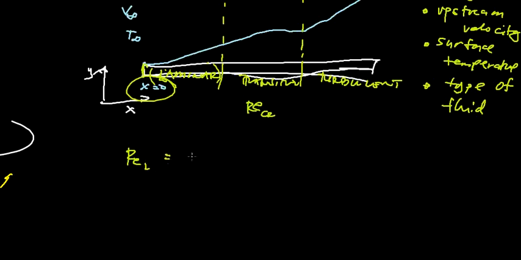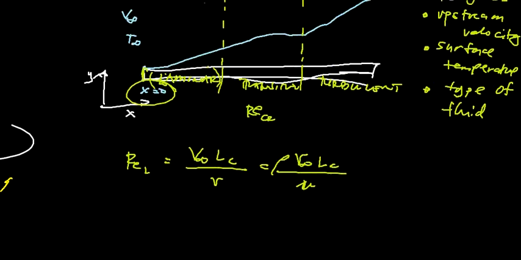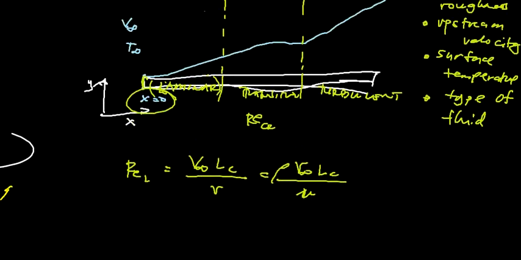Re equals the upstream velocity multiplied by the characteristic length over the kinematic viscosity, or it can also be expressed using the density, velocity, characteristic length, and dynamic viscosity. As you remember, we already derived this formula last time.